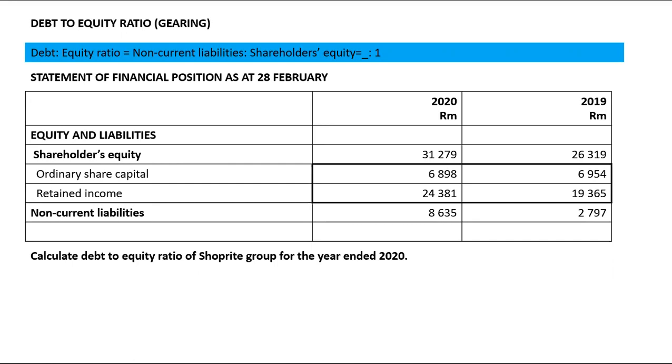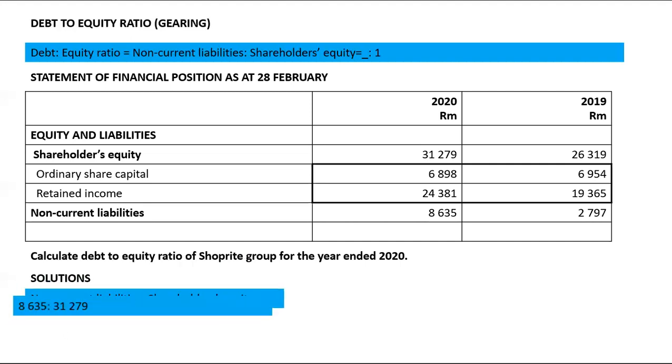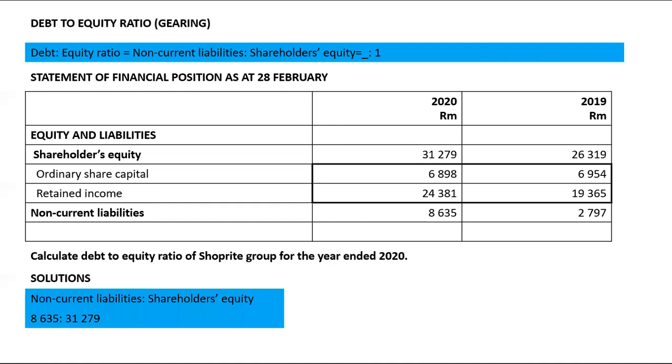8,635 is to 31,279. Correct. Now, your debt to equity ratio will be how much, Tony?